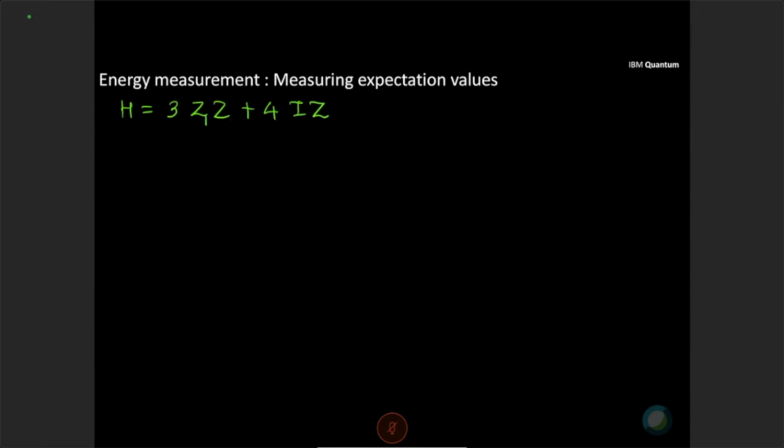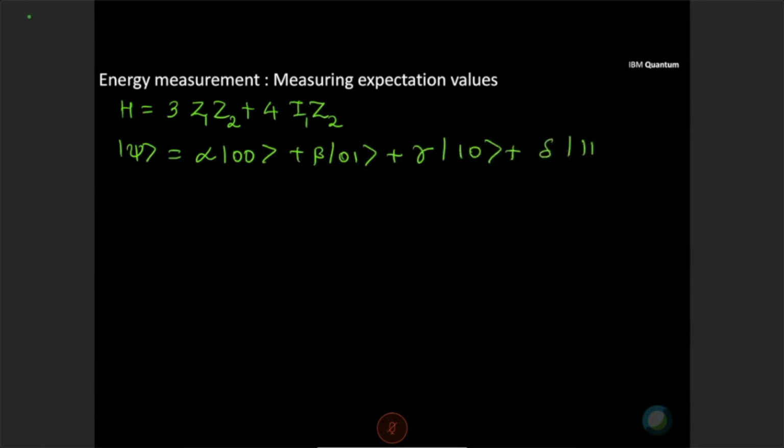So this acts on qubit 1, this acts on qubit 2. And then we have some guess prepared, that's a linear combination of all the basis states. And I hope this answers the whole discussion and the questions on how you measure expectation values.